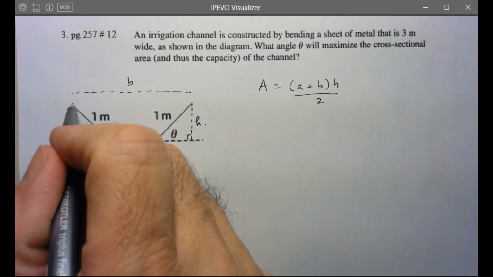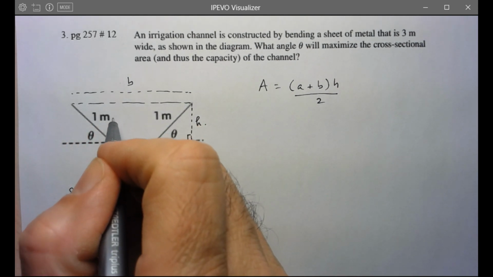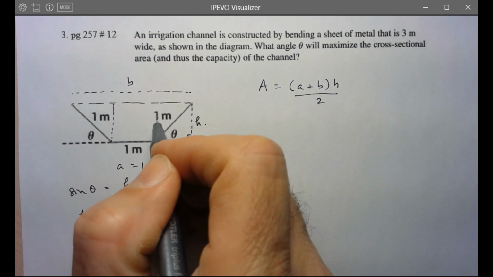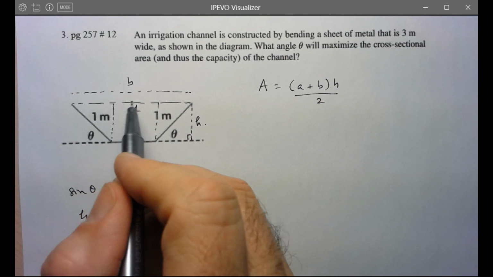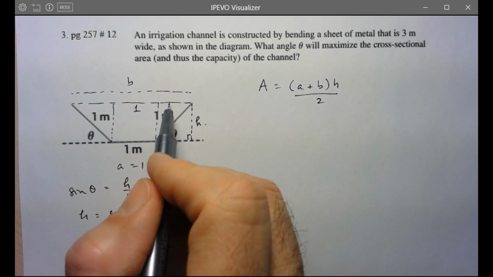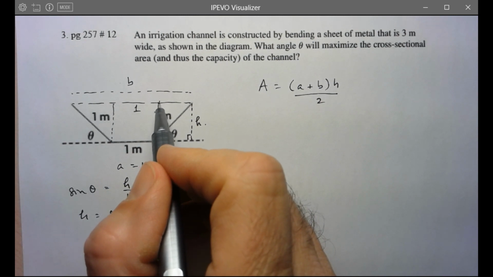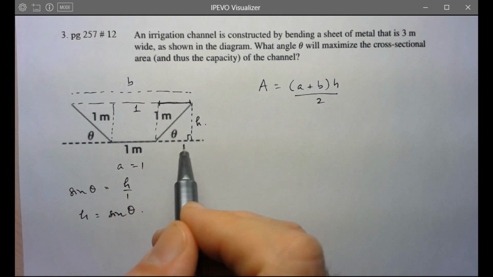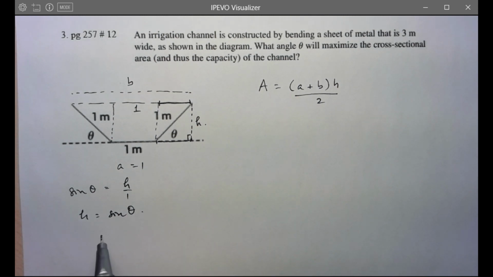Well, here what I'm going to do is take this length B, and if I draw 2 lines here, well, that's just equal to 1, and then these 2 portions are the same because it's an isosceles trapezoid, and I see that this length here is exactly the adjacent side to that triangle that I already worked with.